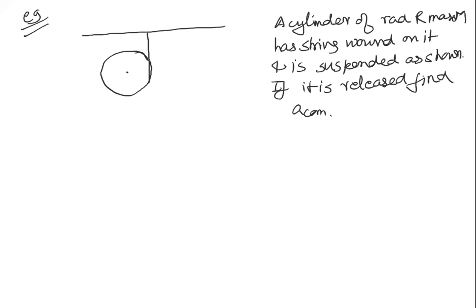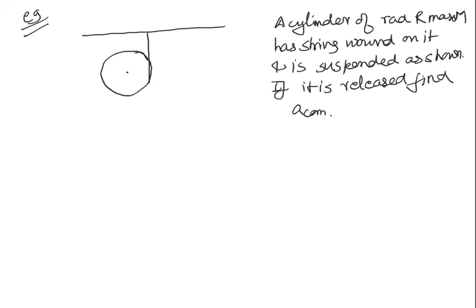Now you have to take this leap, and it's not a very big thing. You have to tell me what kind of motion will be executed as the cylinder moves down, as the string unwinds.